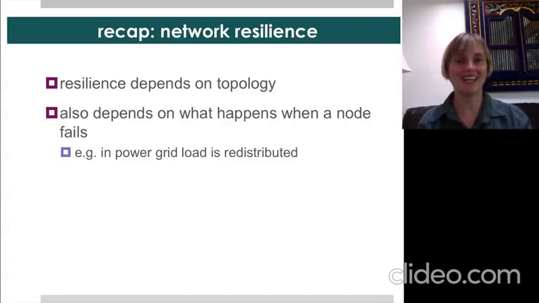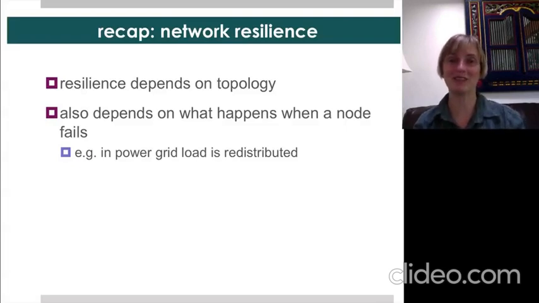It could be that that's it, just a node fails, but all the other nodes are unaffected, or it can have this cascading effect, for example, what we see with the power grid, or it can have the opposite effect, which is what we saw with, say, crime networks, where the node is quickly replaced. In fact, someone was probably eagerly waiting to occupy that spot, and so the damage isn't even as bad as having that node no longer there.